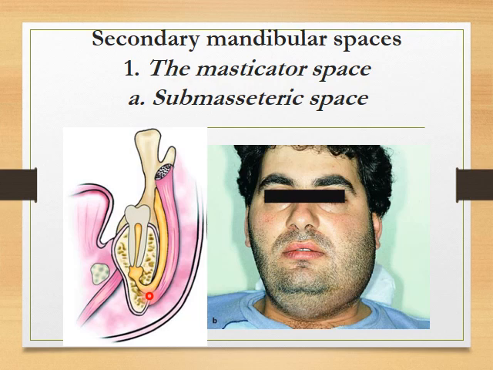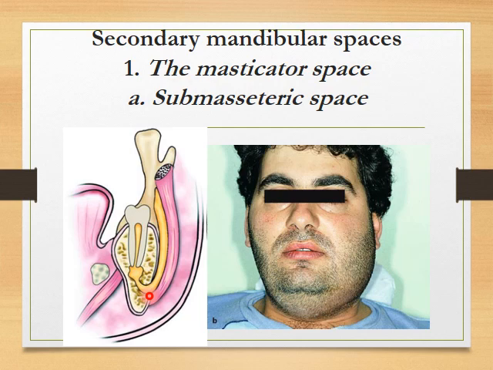The etiology or spread of infection: infection most commonly results from spread of infection from the buccal space. As we said, the infection in secondary spaces does not usually come directly from the oral cavity, but from other spaces.